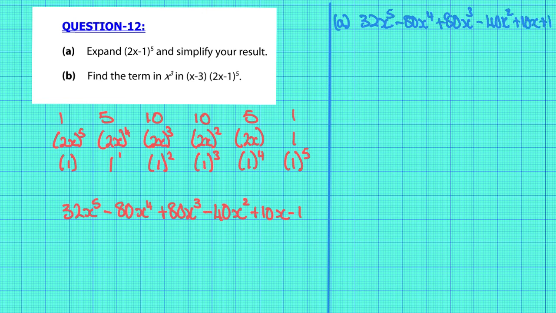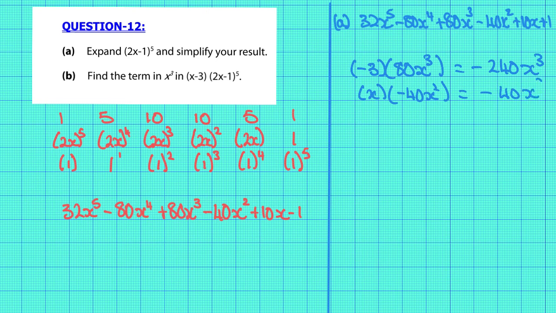Now we need all the expansions when that is multiplied by x minus 3 that will give us an x cubed term. Well, if we multiply minus 3 times 80 x cubed will give us minus 240 x cubed, then x times minus 40 x squared will give us minus 40 x cubed.